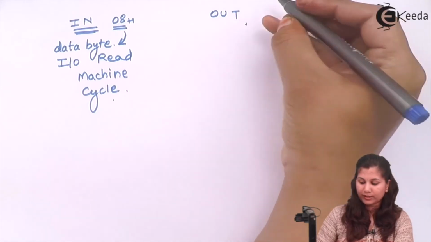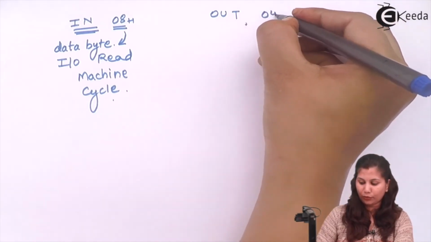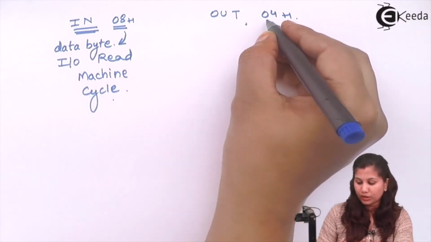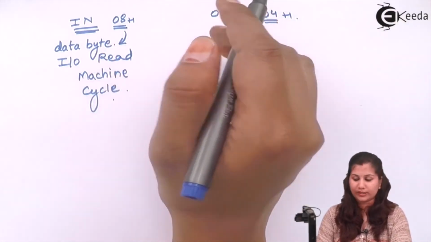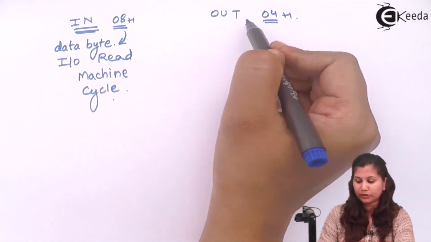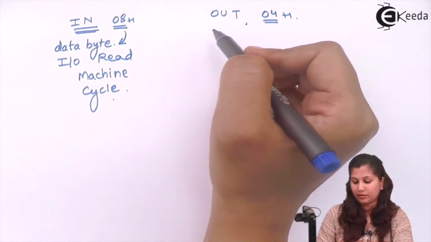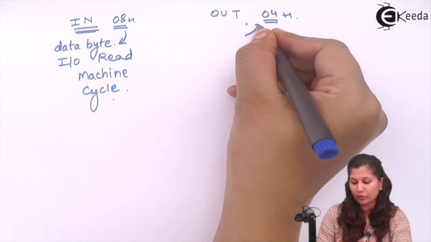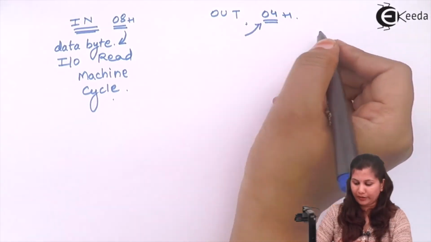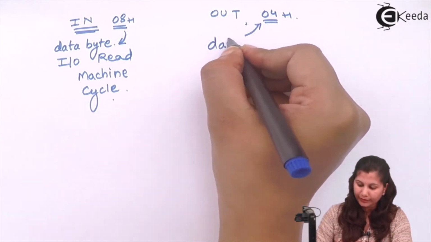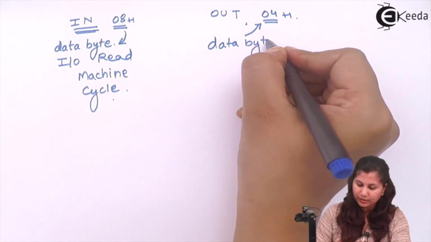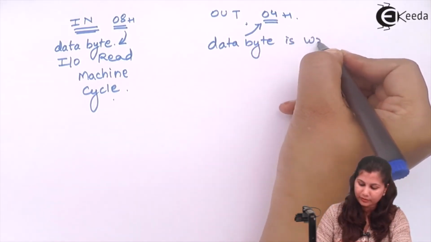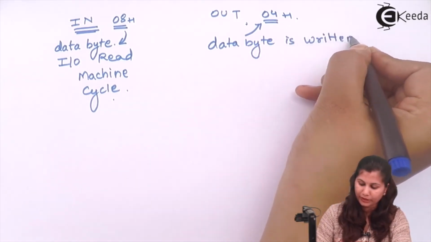Similarly, for OUT, suppose we have 04H here. So this 04 is the port address. Now whatever data byte is there with the processor will be written on this 04 port address. So the data byte is written at the port address.